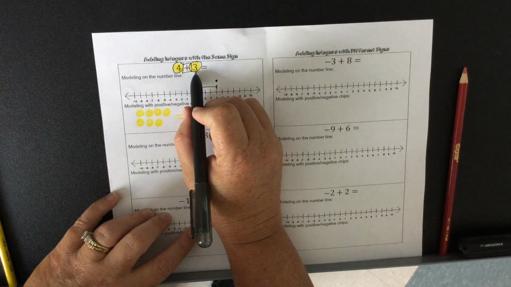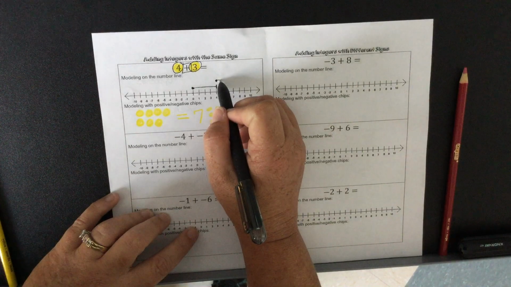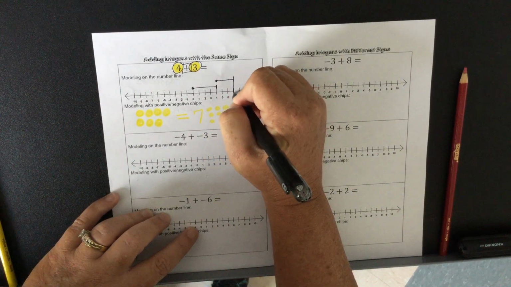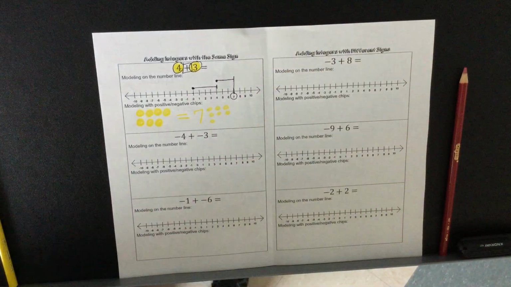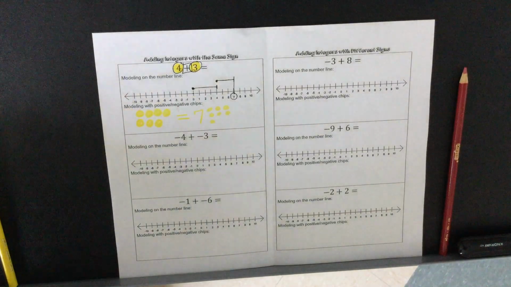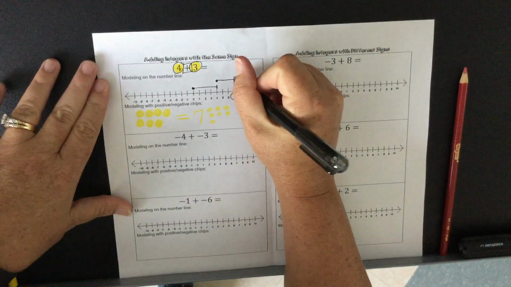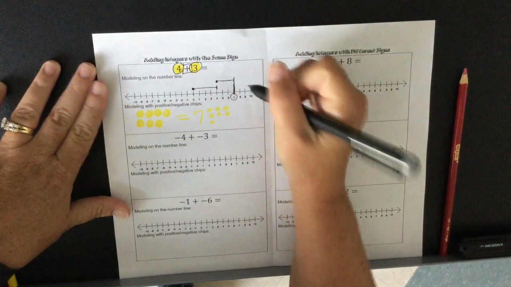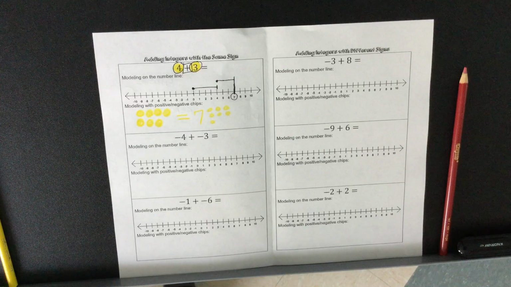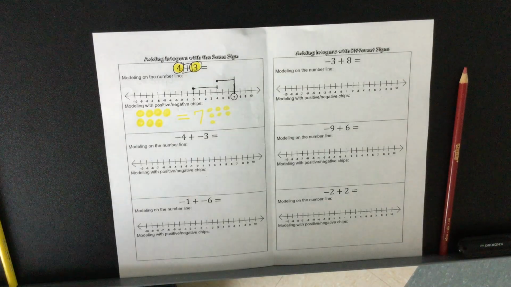How many spaces? 3. 1, 2, 3. And I end at? Positive 7. So that is my answer. That means my final answer is I'm at a stopping point and I am now at positive 7. Pretty cool, right? Not too bad.